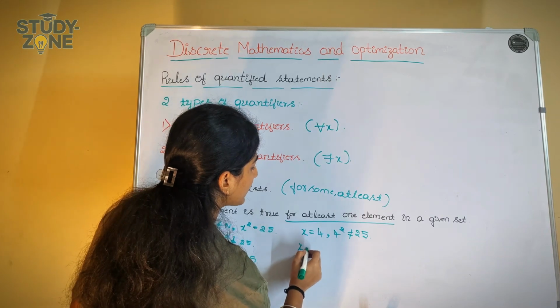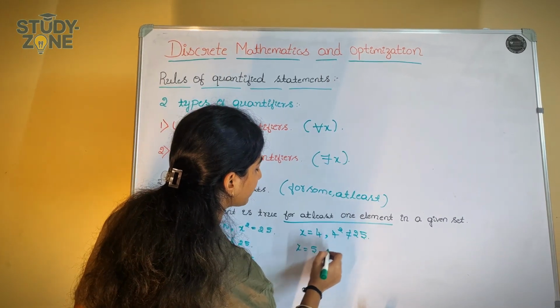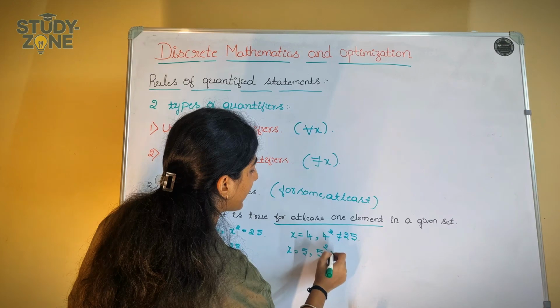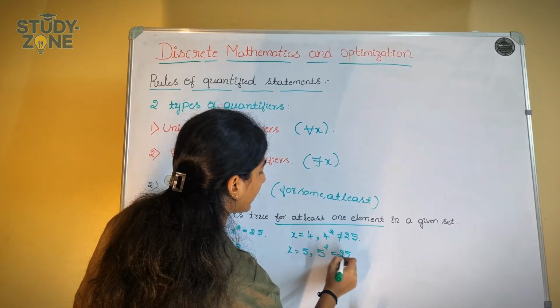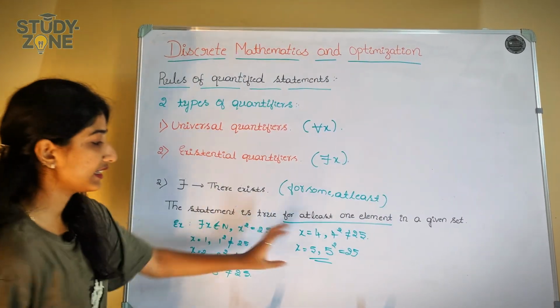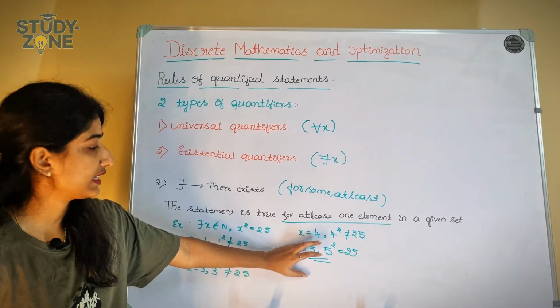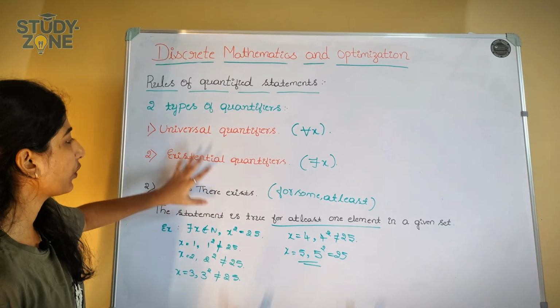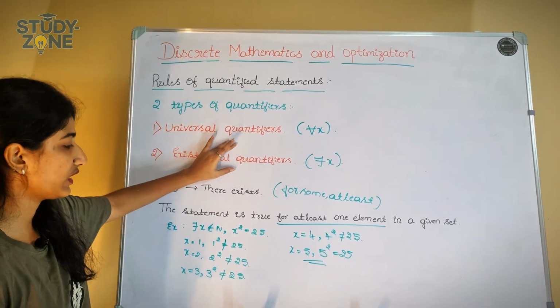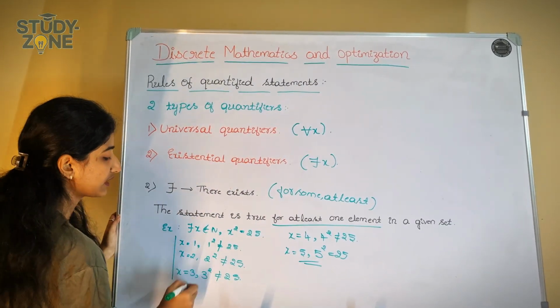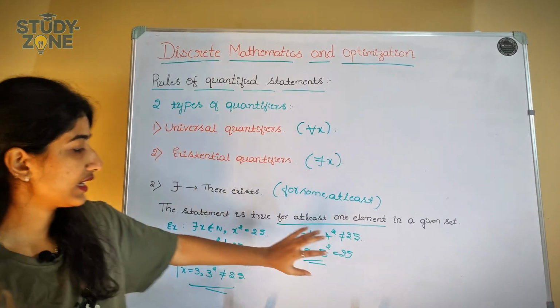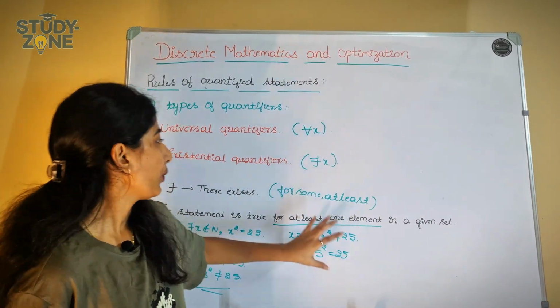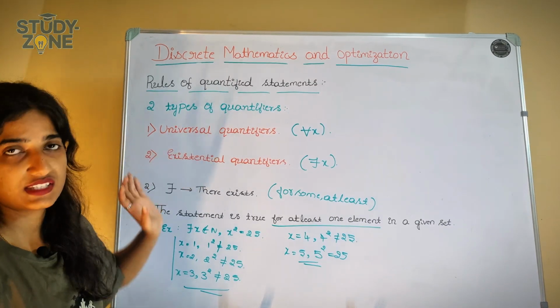When we take x equals 5, we have 5 square equals 25, correct? So there is at least one element in a given set which equals 25. So this statement holds true for the existential quantifier.